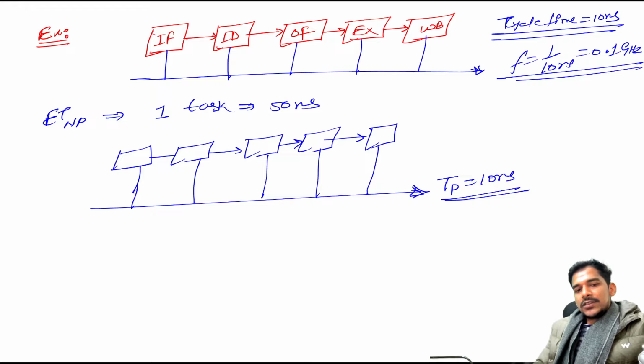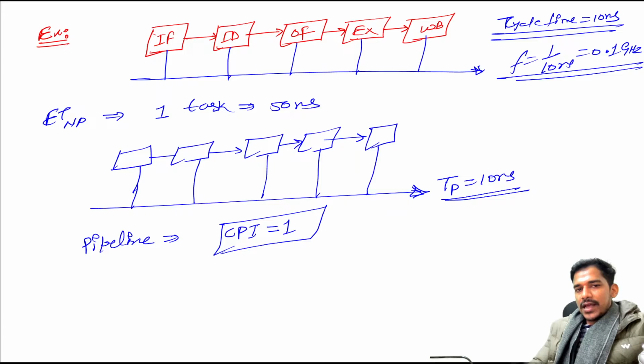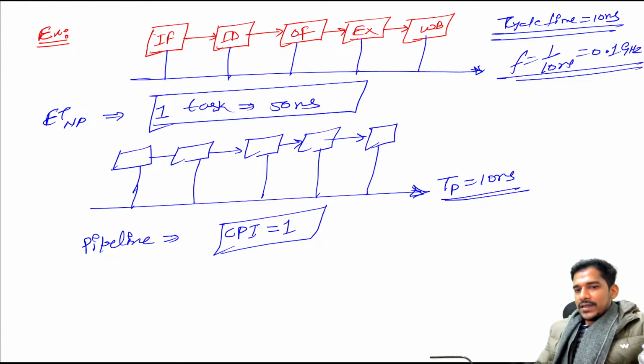And you know that in case of pipelining, the CPI is 1. That means in one cycle one instruction is executed when we have a large number of instructions. So in non-pipeline one task is completing in 15 nanoseconds, and in pipeline one task is completing in one cycle, or 10 nanoseconds, because the clock is the same.